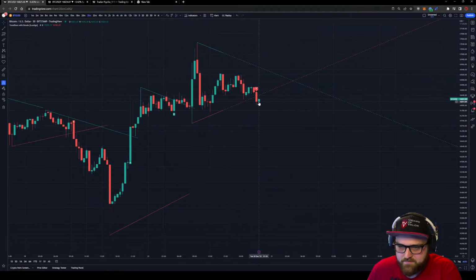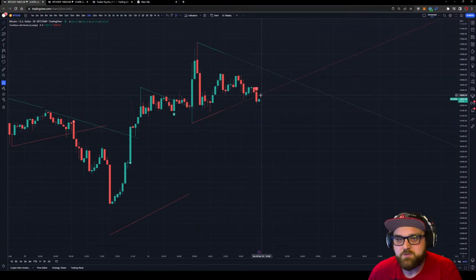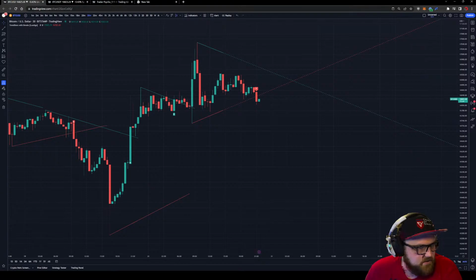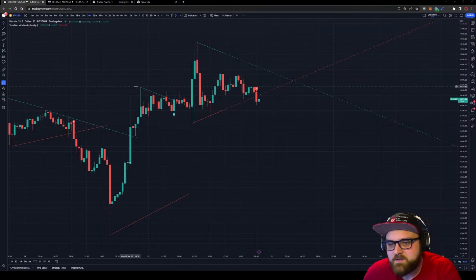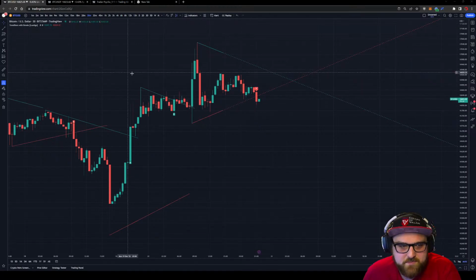Had a break here. What possibly could happen is it comes back up, it tests, and then falls down. But what I've noticed trading crypto over the years is it always breaks and then just goes right back up. That's how I notice crypto trades, so that's what you have to be careful with, and that's what's hard about it.